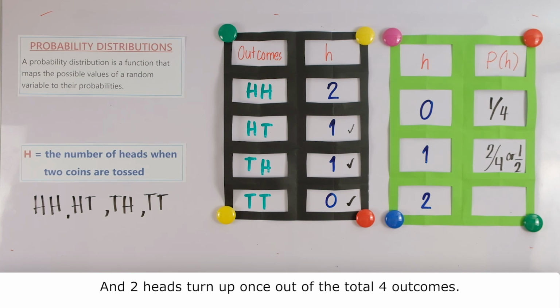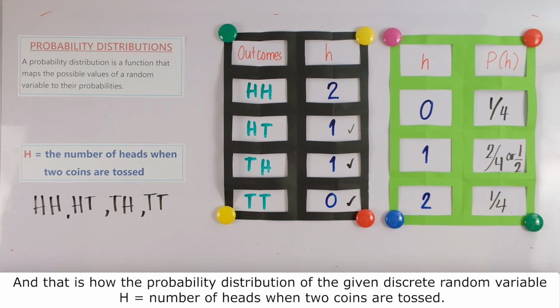And 2 heads turn up once out of the 4 outcomes. And that is how we construct the probability distribution of the given discrete random variable.